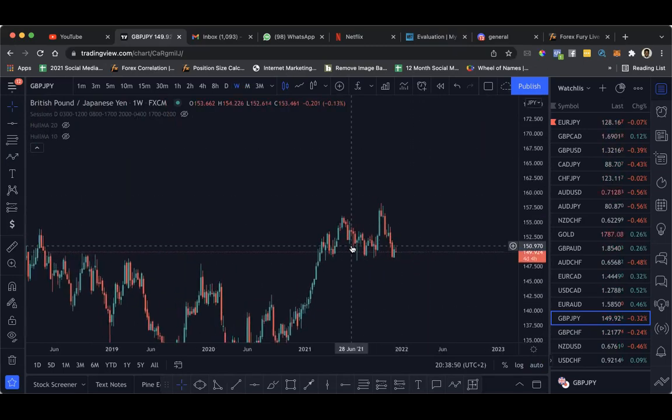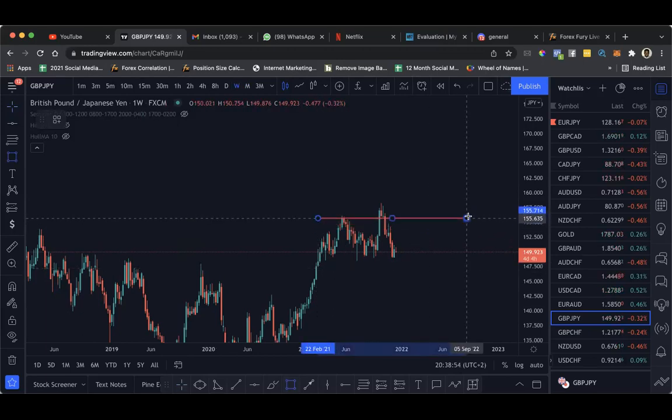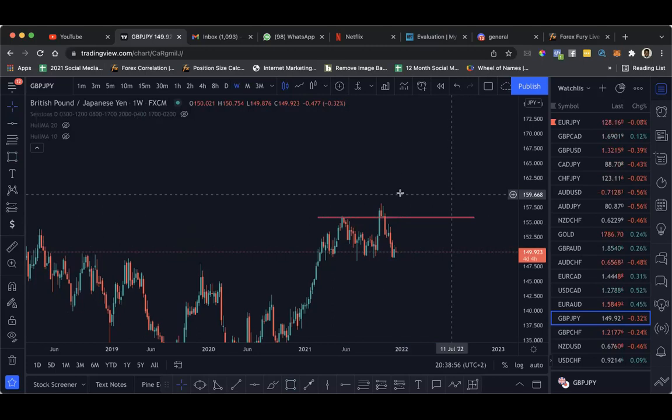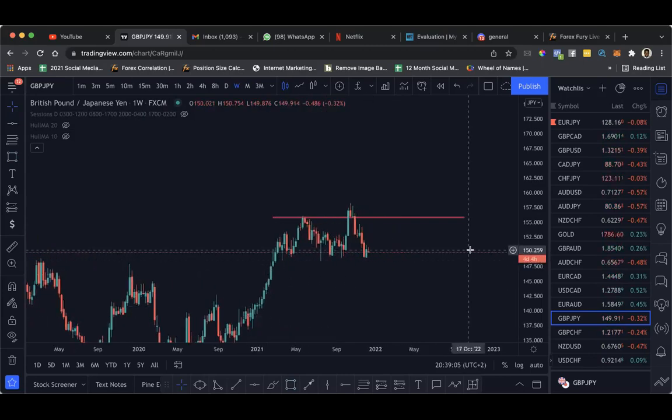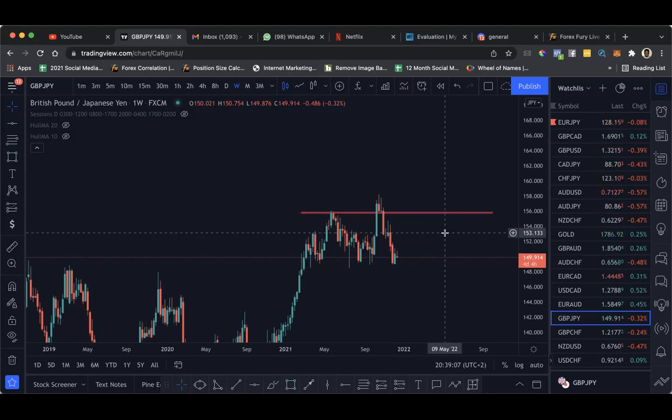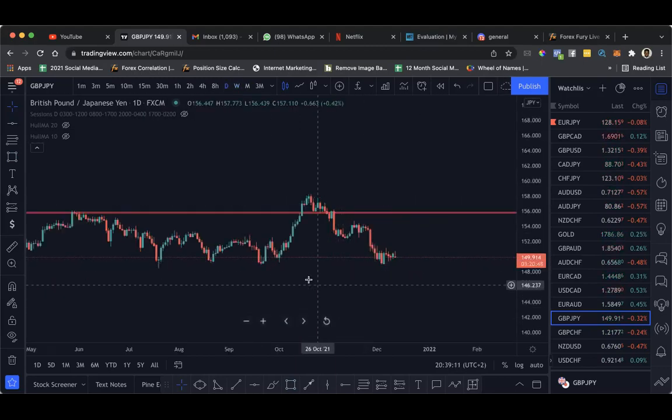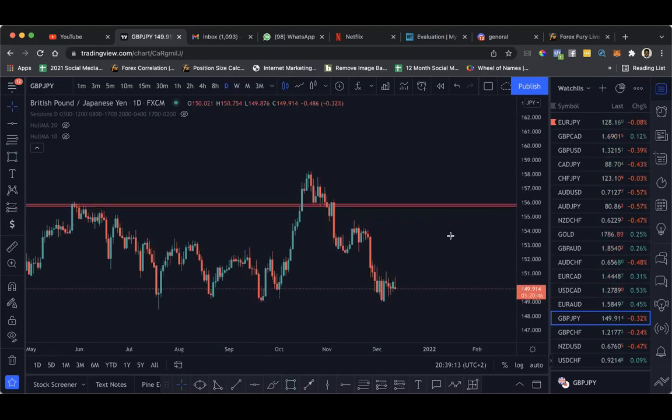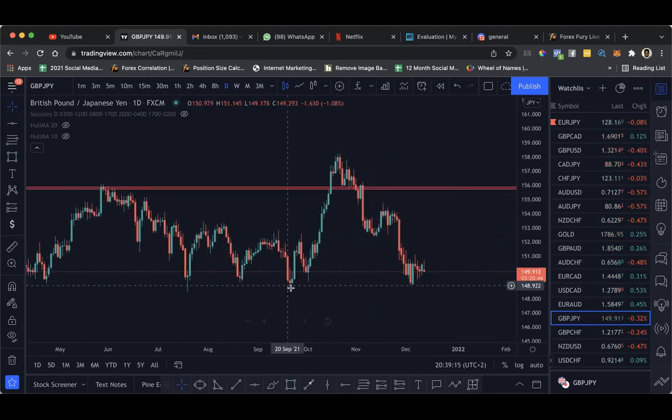On the weekly, check it out. You can see a break of structure here. So price has come back down to a supply zone here. And so we should be looking for a possible buy at this zone. This is the supply zone here. So let's go to the daily chart. You can see the supply zone here.